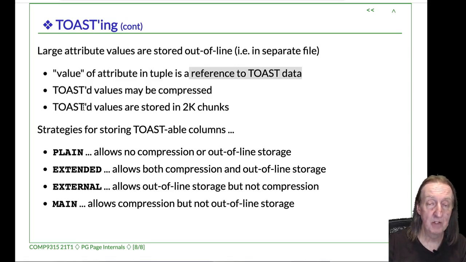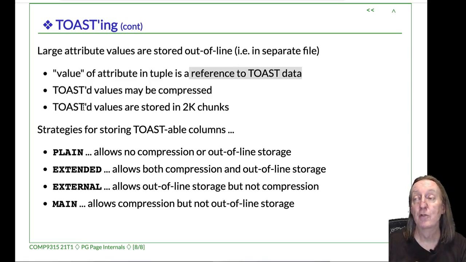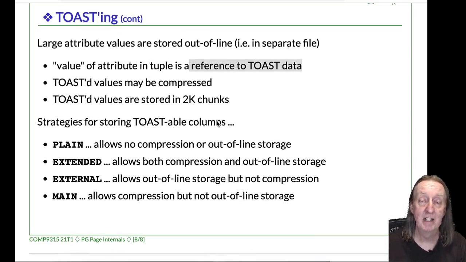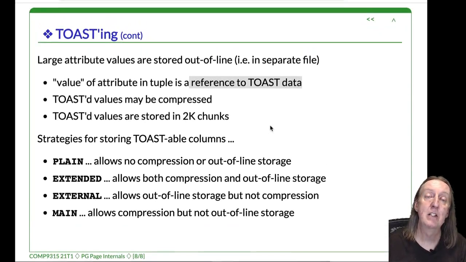So you've got a chunk of data, another chunk of data, another chunk of data. Grab all of those chunks, put them together, and that'll give you a 6K chunk of possibly compressed large attribute data, which you can then reconstruct however you like, simply by concatenating, or maybe concatenating and then decompressing.